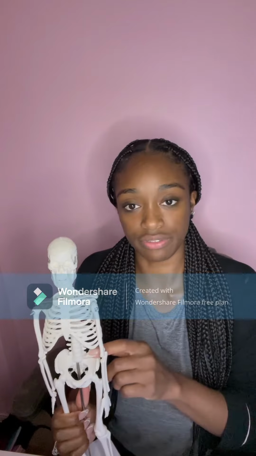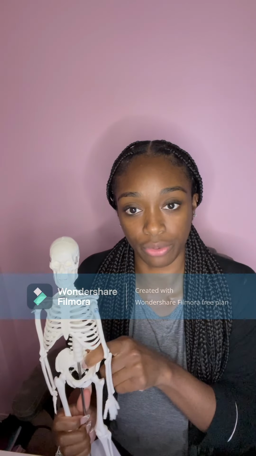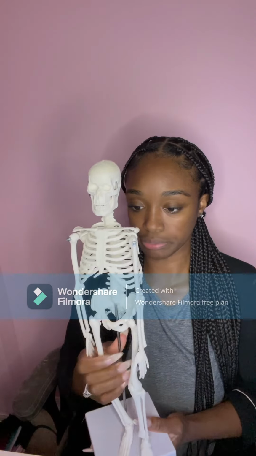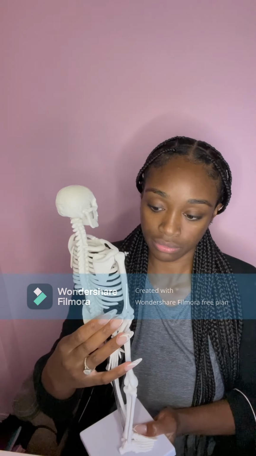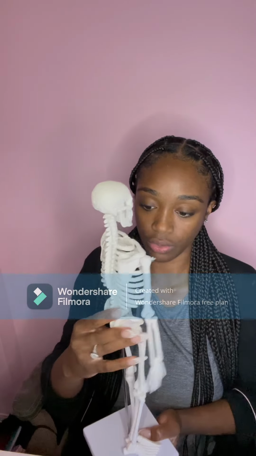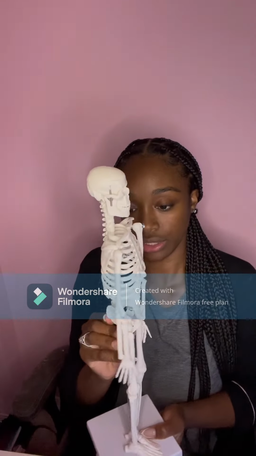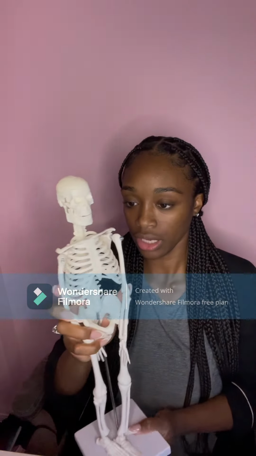You also have the auricular surface on the side, transverse ridges going down the middle, transverse foramens of the sacrum are the holes, and you also have on the posterior side the median crest. So that concludes 5 there.